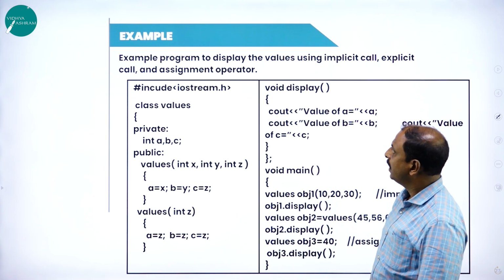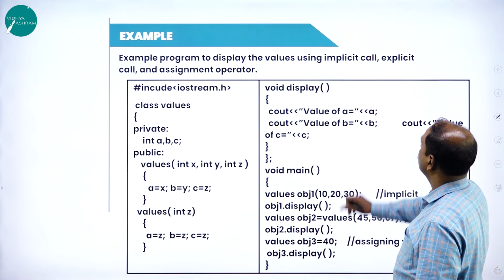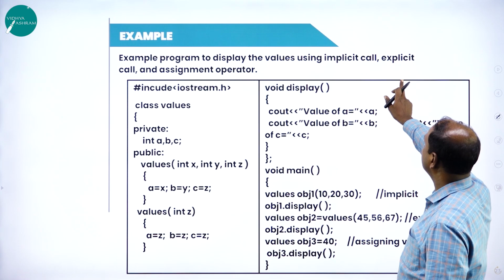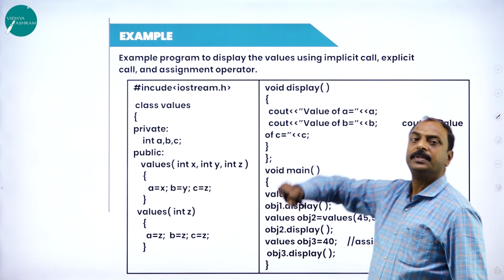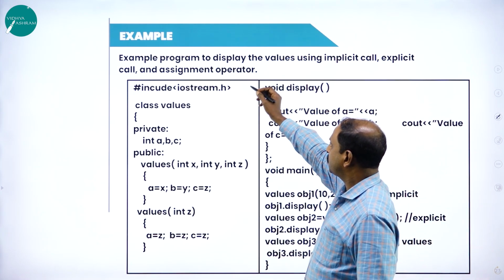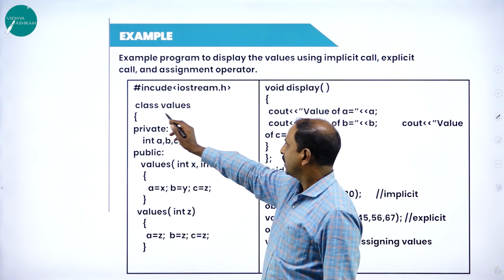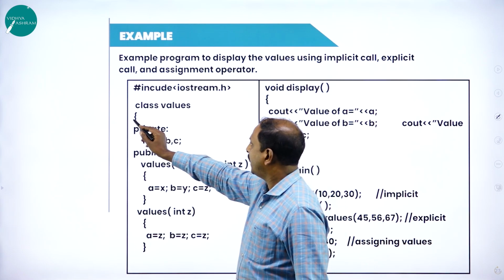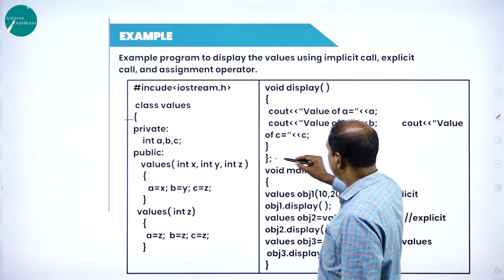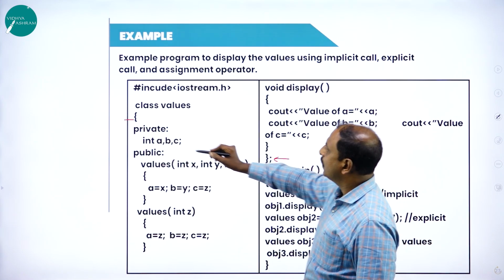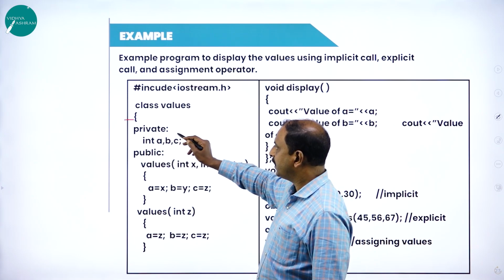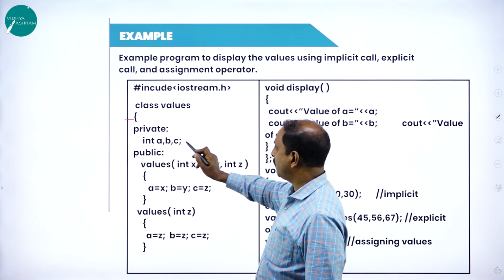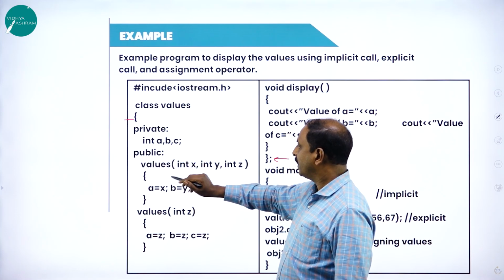Now, let us see an example program to display the usage of implicit and explicit call. The program starts with header file, class name, open the bracket, and this class ends here. Under that we have private, under that a, b, c are the variables, public.